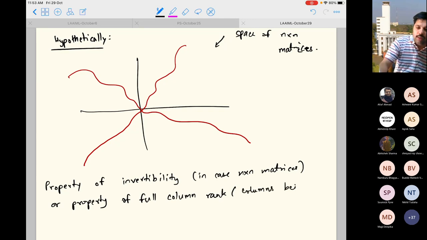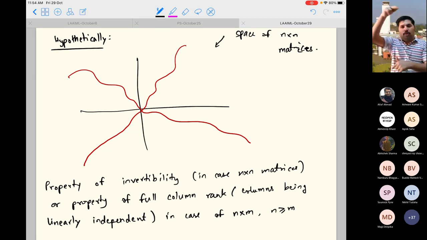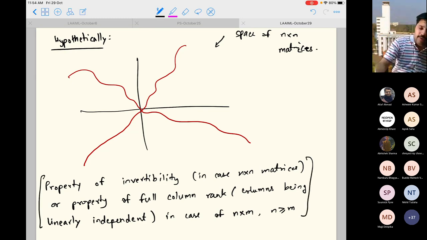Columns being linearly independent in case of n by m, n greater than or equal to m. That means that you have tall matrices. These properties in the language of mathematics are called generic properties.